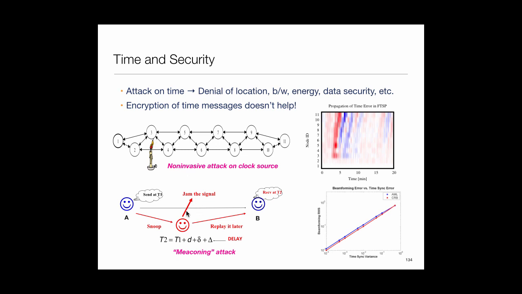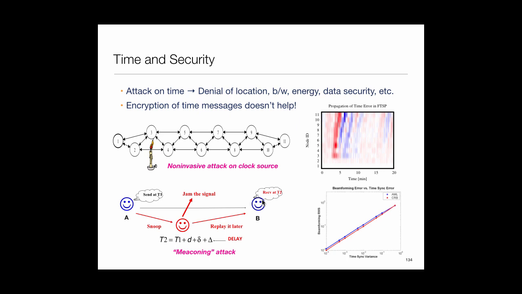You could do worse. Our time protocols rely on delay measurement, right? So a node would send a packet and timestamp it. Another node out here would receive and timestamp it. Now imagine in between there is some bad guy, and what it does is jam the sender's packet, grab the packet, and then after a few seconds of delay, transmit it, and this guy gets the packet.